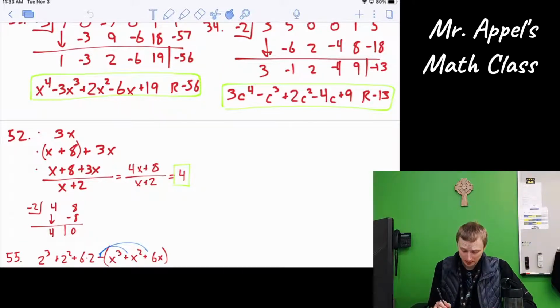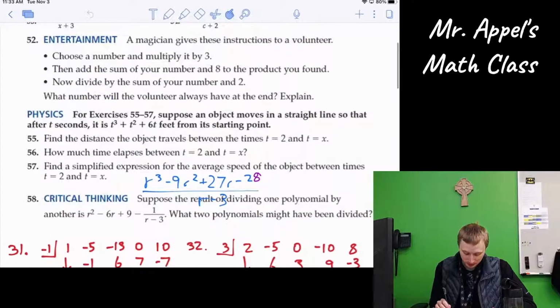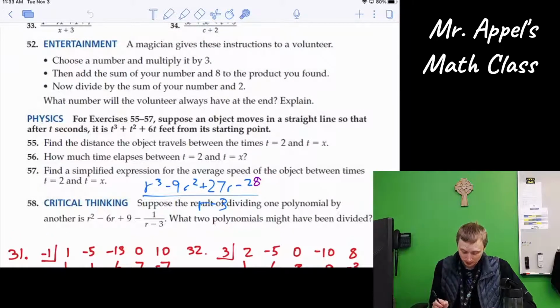All right. And then for number 55, 56, 57, we've got a physics question, so something moving with this cubic describing its distance from the starting point.